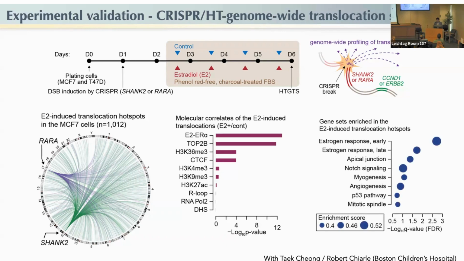Now, there's actually a lot of biology here that I'm skipping. There has been literature going back 15, 20 years about how ER alpha binding generates double-strand breaks in nearby regions. And there's a paper from a lab here at UCSD, Rosenfeld lab.